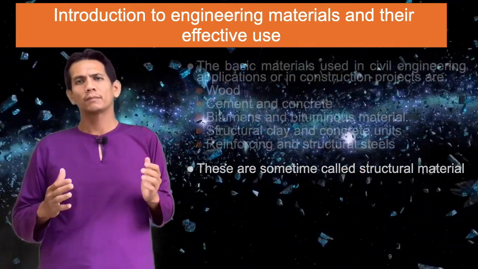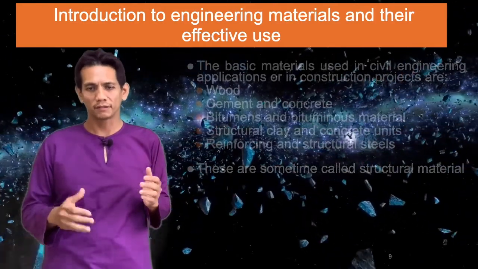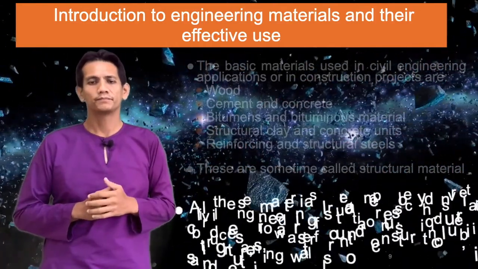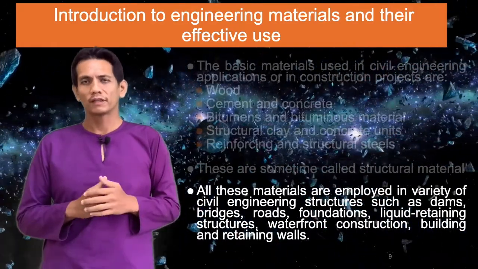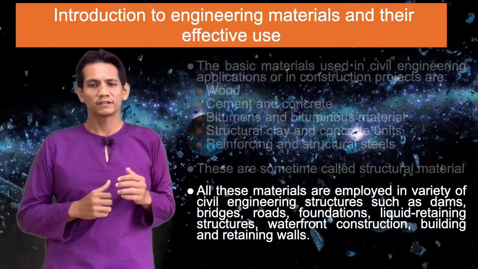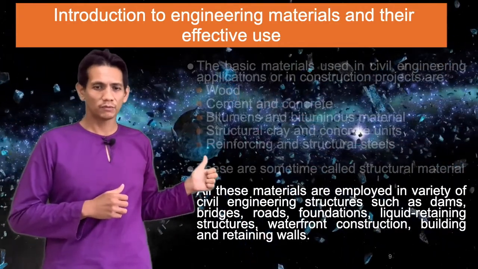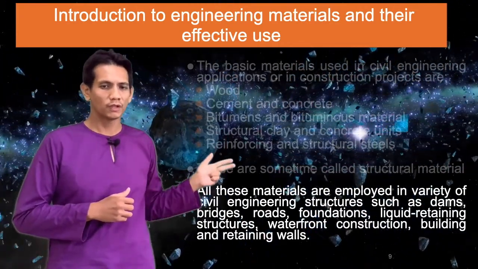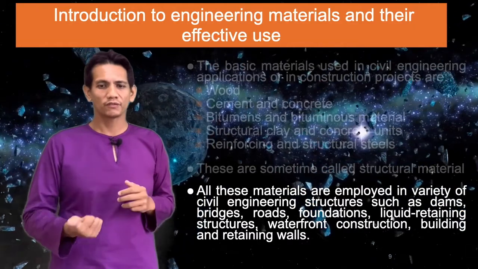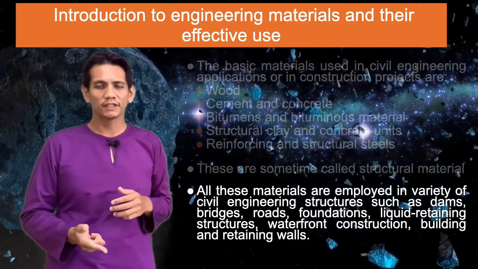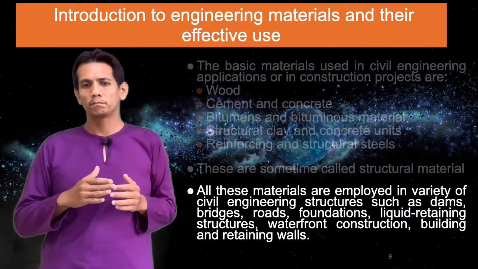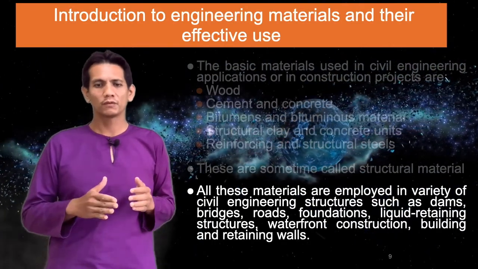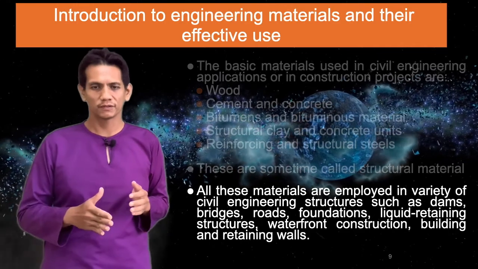These are sometimes called structural materials. All these materials are employed in a variety of civil engineering works such as dams, as shown previously, bridges, roads, foundations, retaining structures, waterfront construction, buildings and retaining walls. All these basic materials are used for these types of civil engineering structures.